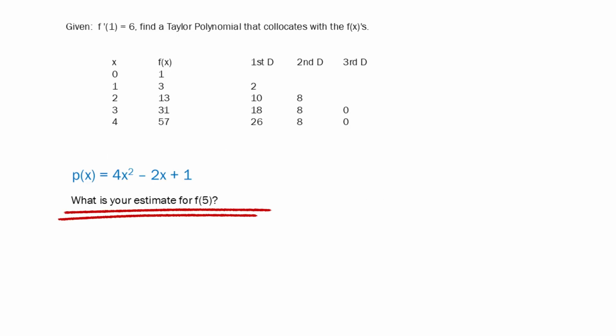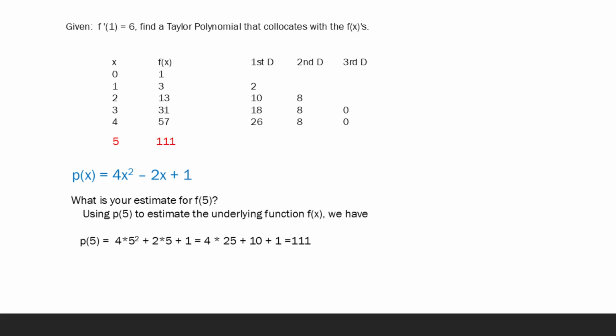If we have this problem, what if we wanted to estimate f of 5? Well, we just use our polynomial function to extrapolate and figure out what would be a good guess for f of x. And here, we just plug in 5 into our polynomial function, and the answer is 111. Please note that 111 is simply our estimate.